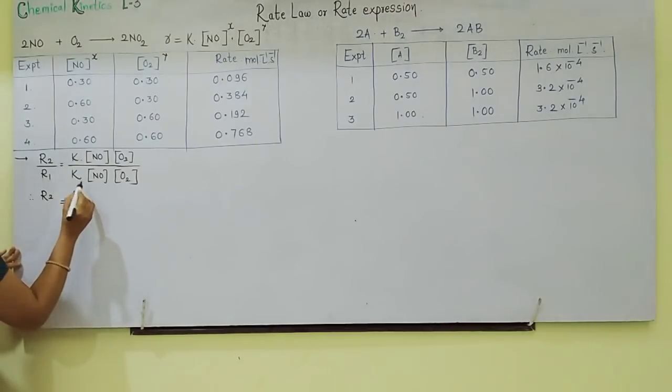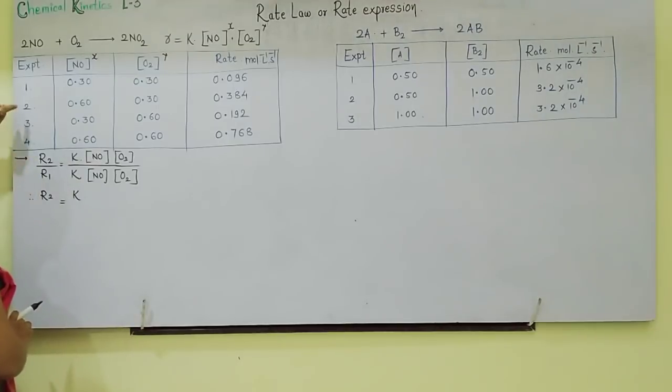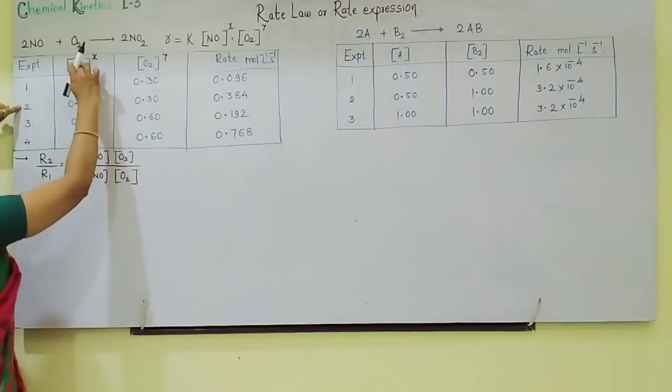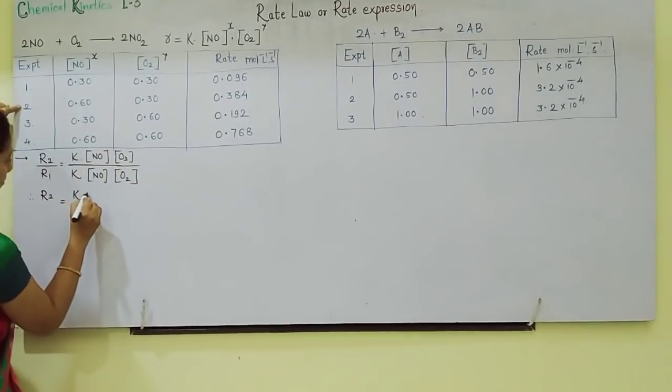R2 is equal to, for the second experiment we are calling it rate 2. What was the concentration of NO?